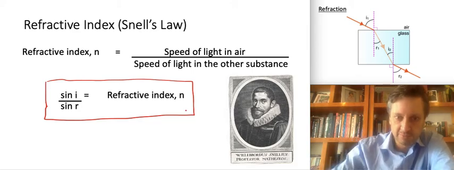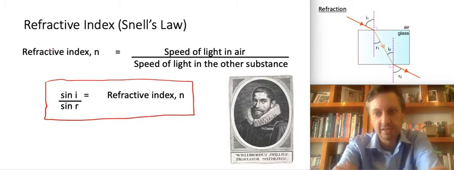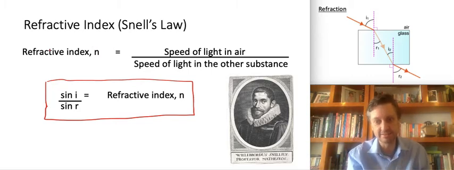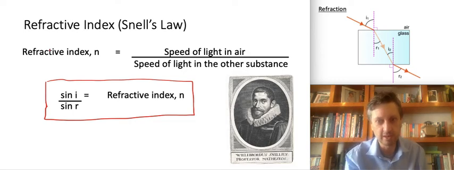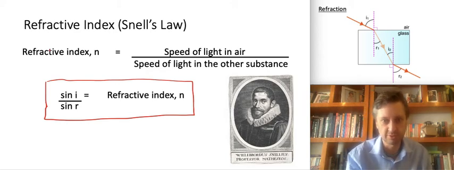Okay, before I tell you exactly what this means, let me just introduce the idea of a refractive index. In physics or in maths, we use the word index to represent any kind of number that's on a scale but doesn't have a unit, because it's usually a ratio. So an index is a ratio.